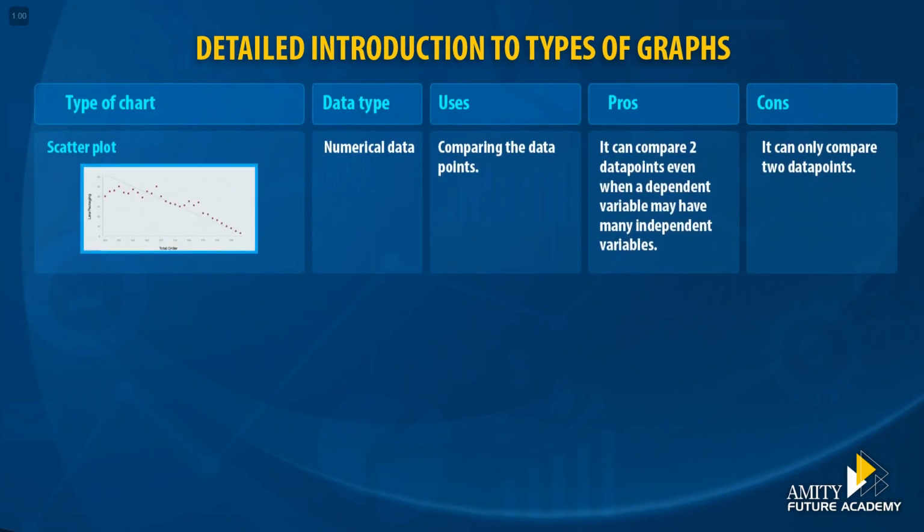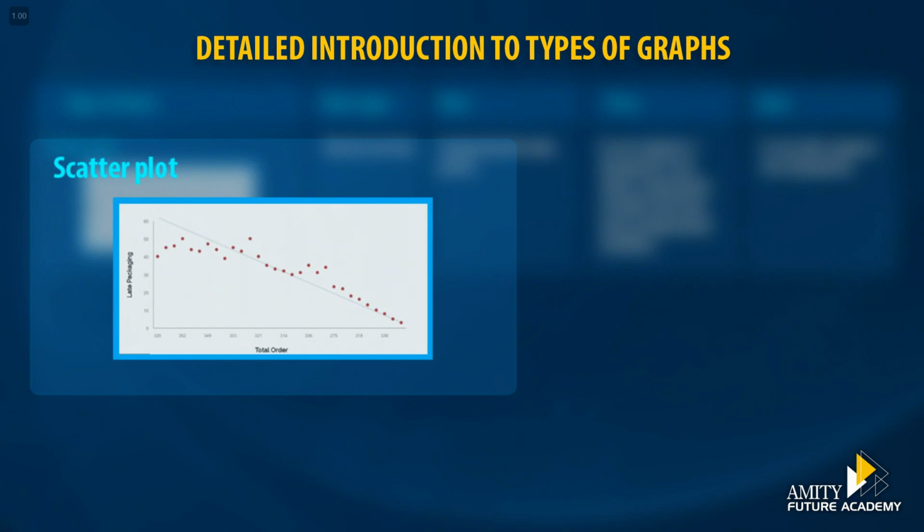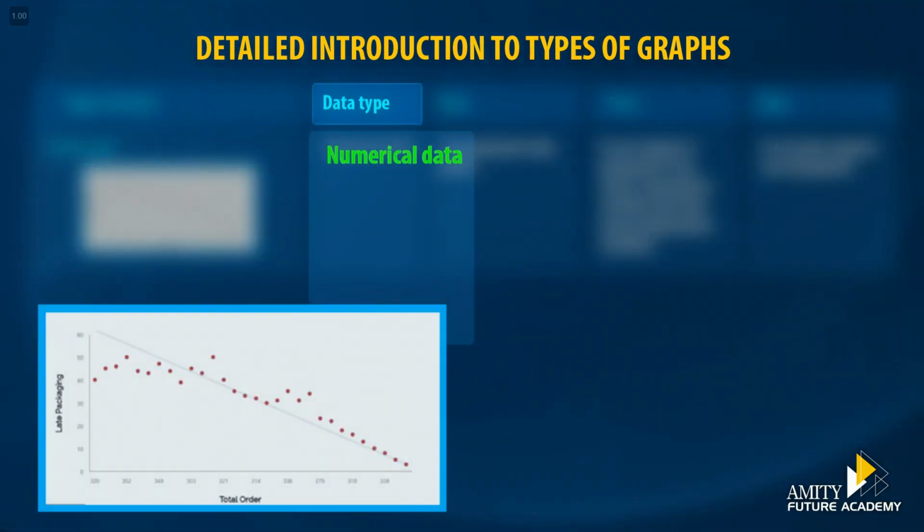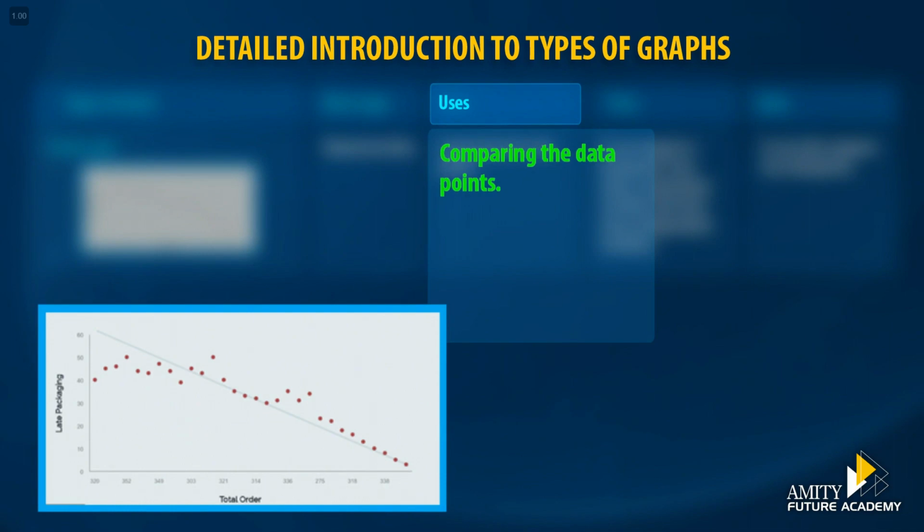Coming to scatter plot. So scatter plot again follows the same rule, and these are various points plotted on a graph paper. It follows the numerical data type. The users are comparing the data points. I can compare the data points or I can tell which data point is falling under which range.